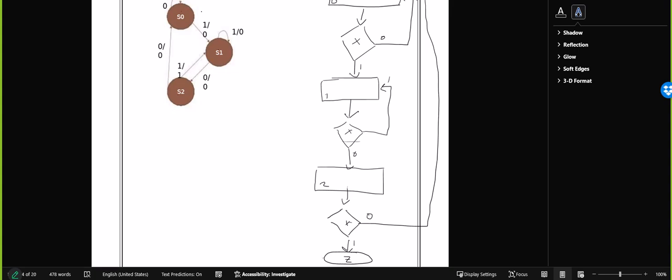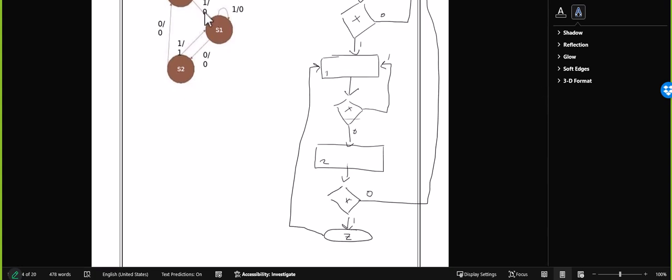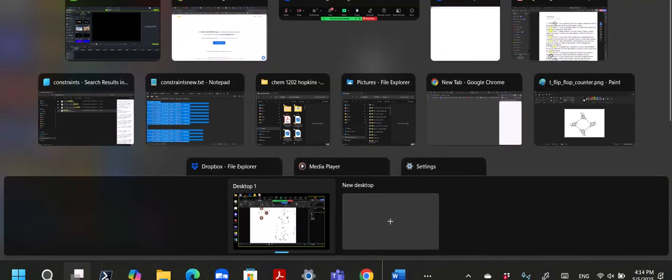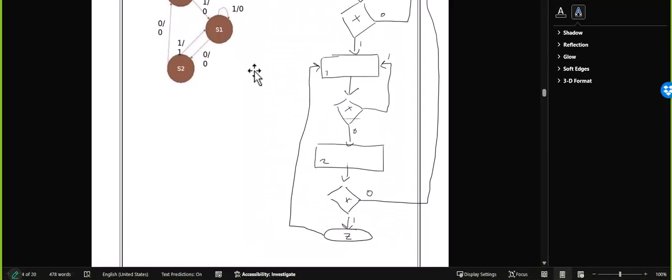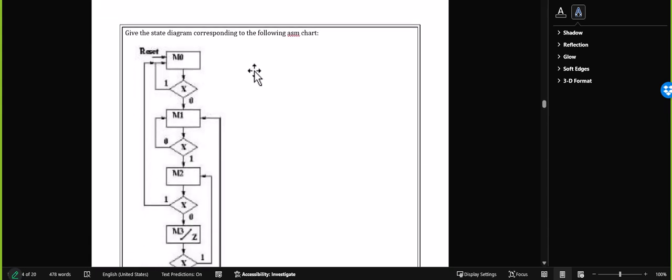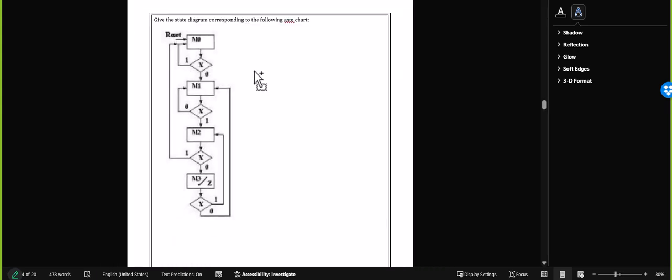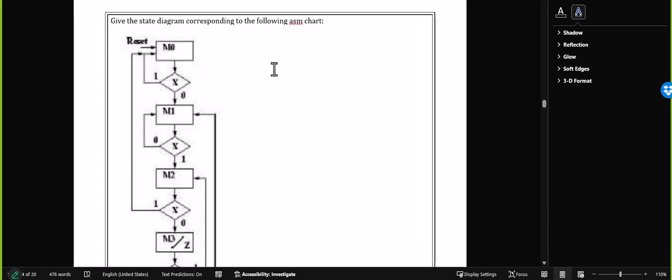And then from my output, after I do that, I go back to state 1. It looks more confusing than it is once you see how it's done. It's not as bad. Okay, so now I have an ASM chart, and we're going to see if we can do the state diagram from it.